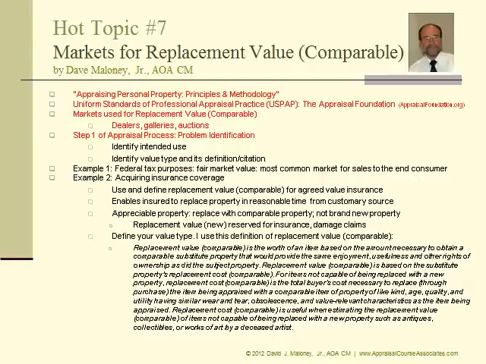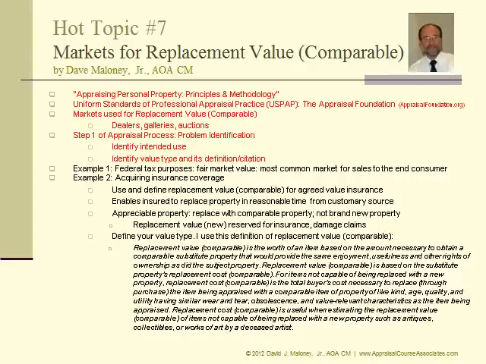One of those elements that must be identified at the very beginning is the intended use of the report. Another is the type and definition of value to be developed, along with a citation as to the source for that definition.